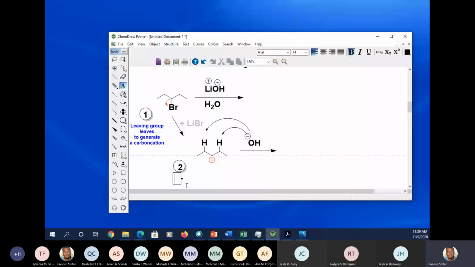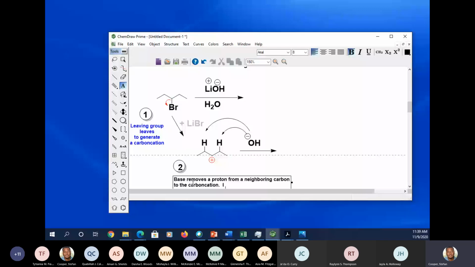So now the base moves a proton from a neighboring carbon to the carbon cation.